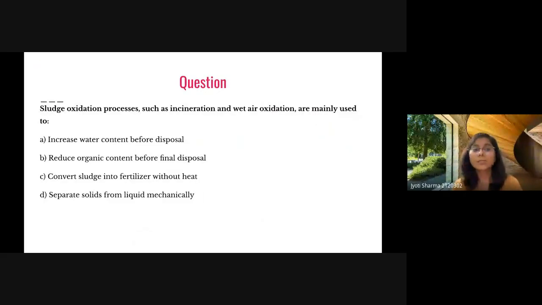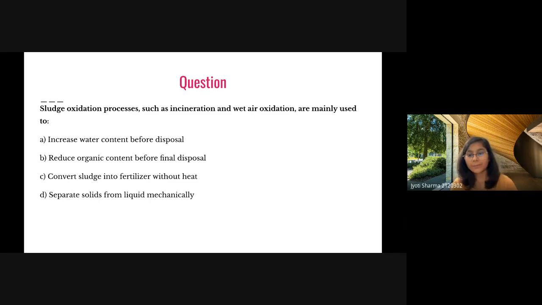Okay, so sludge oxidation processes such as incineration and wet air oxidation are mainly used to increase water content before disposal, reduce organic content before final disposal, convert sludge into fertilizer without heat, or separate solid from liquid mechanically.